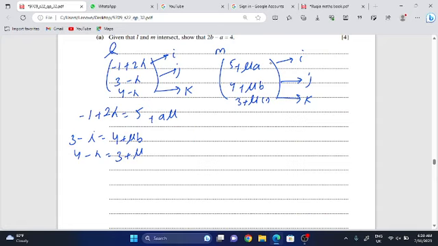So I can simplify these expressions to get my values.